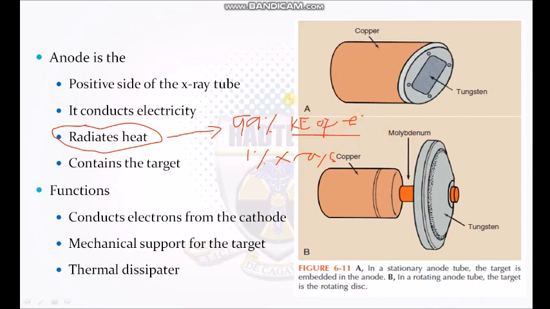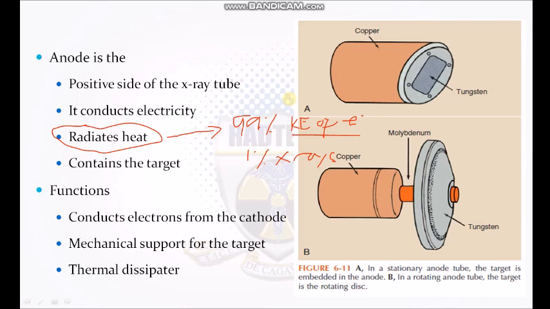So just imagine the potential energy. Potential energy allows the electrons to travel from cathode to anode. So just imagine if we provide the electrons with 70,000 volts of potential energy.